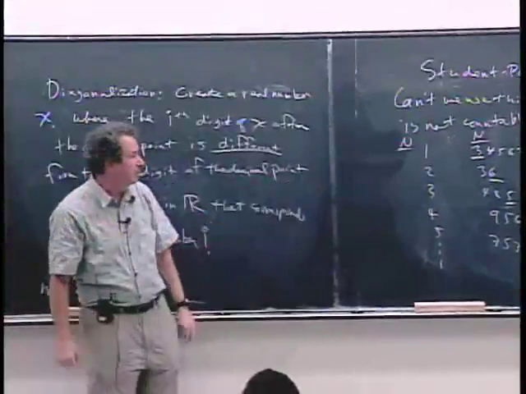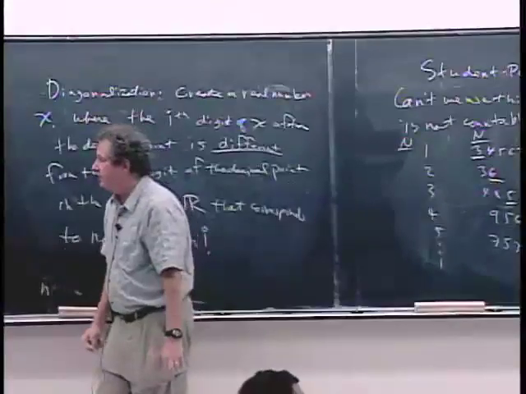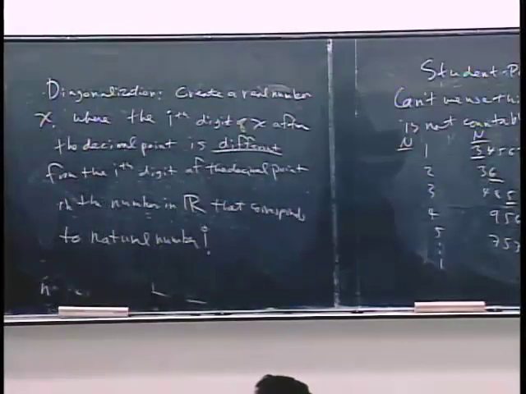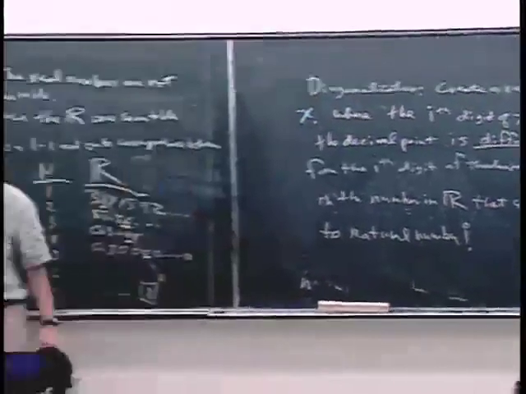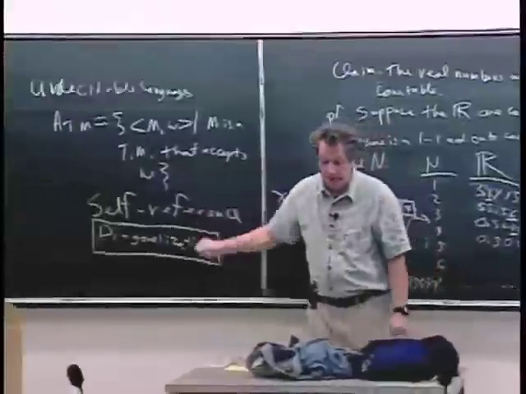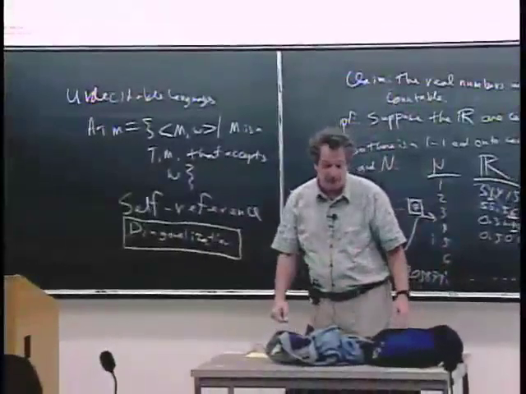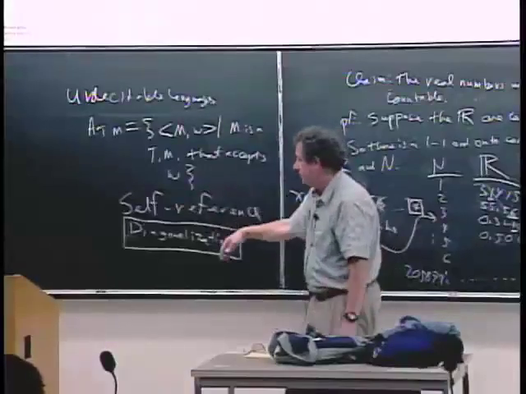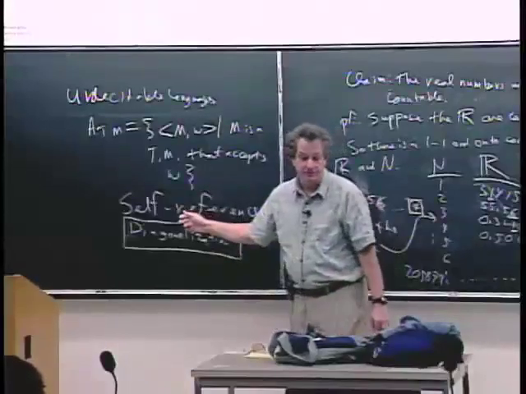They're uncountable. And next time we'll use this diagonalization idea to get back to the question about ATM and show that ATM is undecidable. And this diagonalization, I find a much simpler way of doing these undecidability proofs than the self-reference.